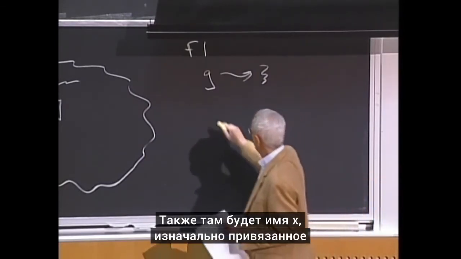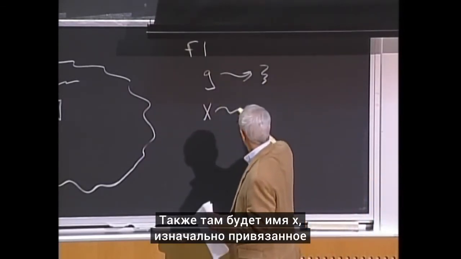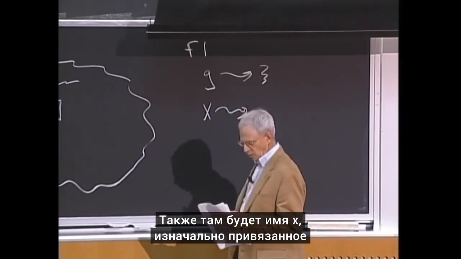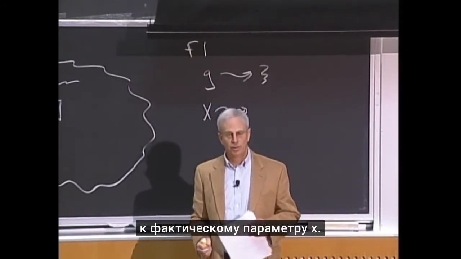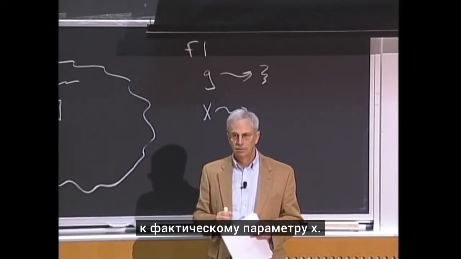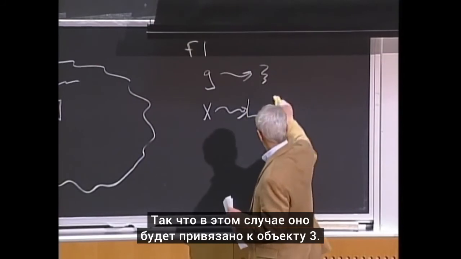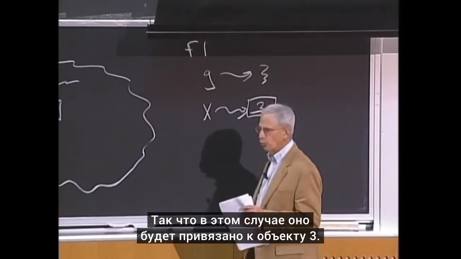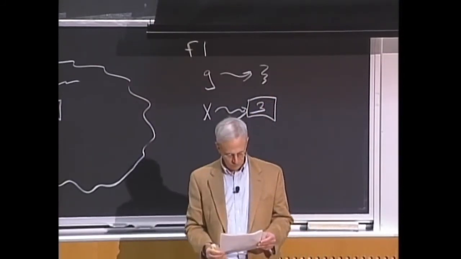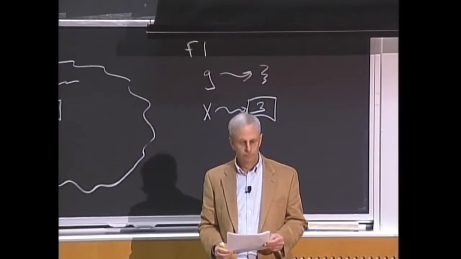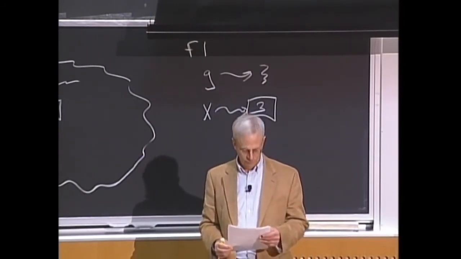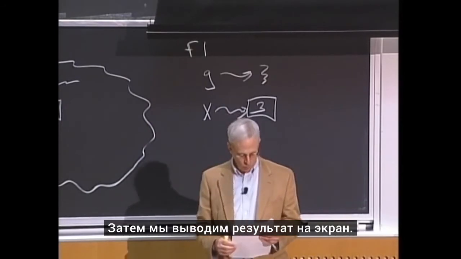It will have a name X, which will be initially bound to the actual. So in this case, it will be bound to the object 3.